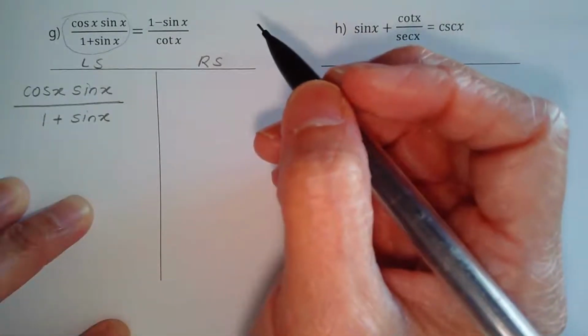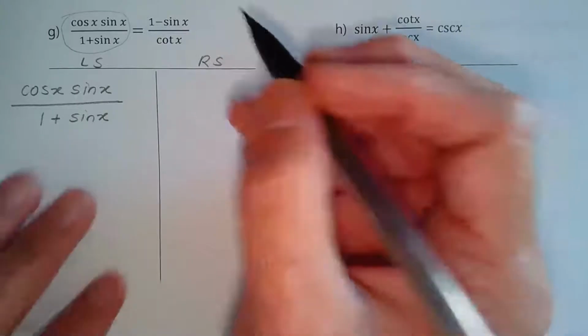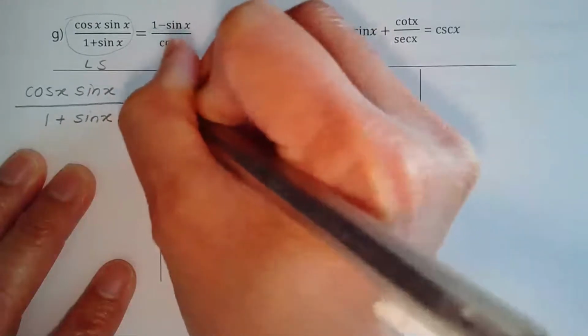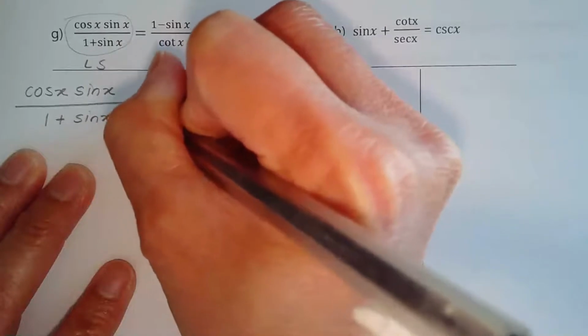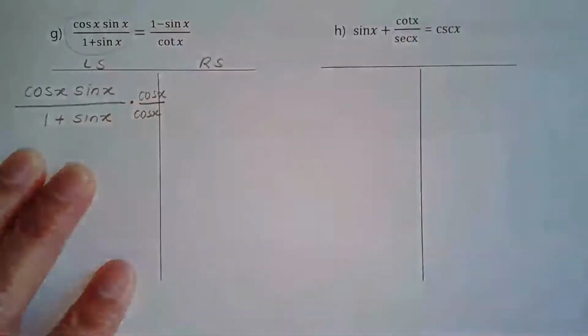So sometimes I did this. That's what I did. I multiplied by cos of x over cos of x. Okay, now you're probably thinking, okay, why? Let's see.